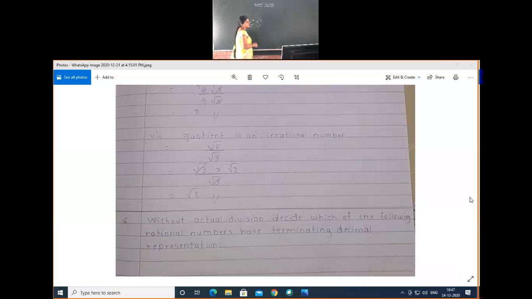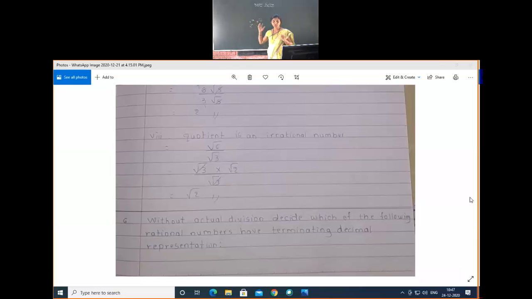You are discussing the numerator or the denominator? It's the denominator. Yes, denominator. Can we take only 2 power? See here, you are telling 2 raised to m into 5 raised to n.